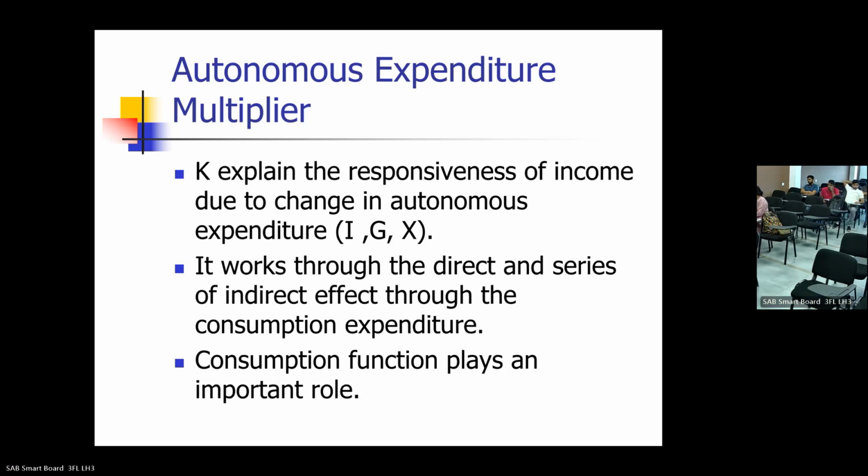M0 means what? As usual, that is autonomous imports. And Y means income. So we assume import is a function of income.